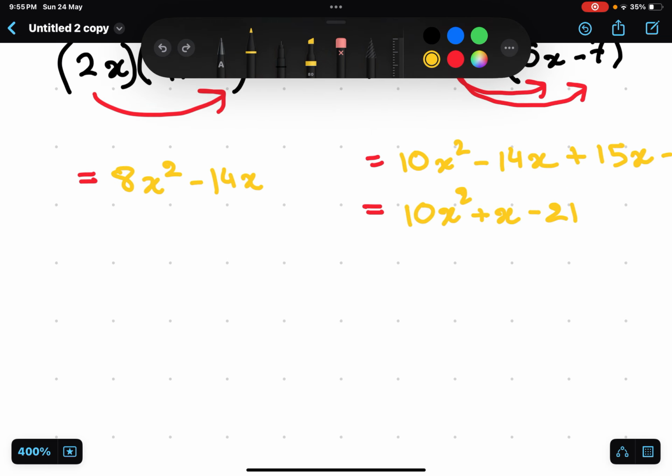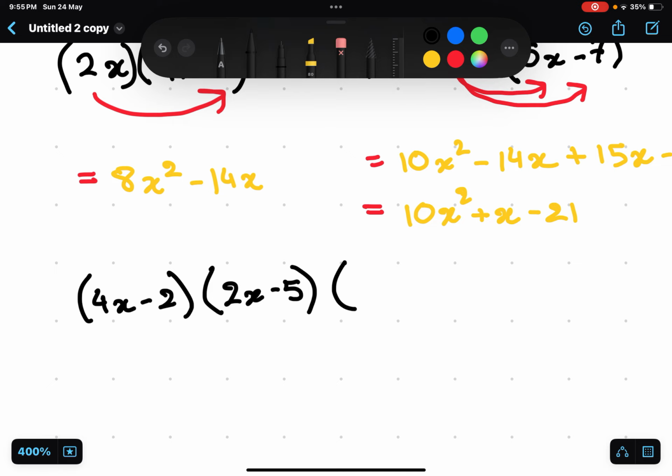Now, lastly, let's look at what happens when we've got 3 brackets. So let's imagine we've got 4x minus 2 in one bracket, and then in the next we've got 2x minus 5, and in the next one we've got 4x. Okay, now it would be the same if we had another term over here, but just to be quicker, I'm just gonna act like there's just one.